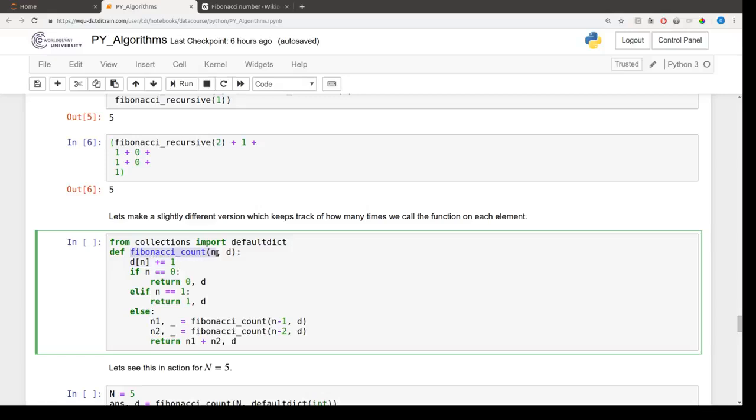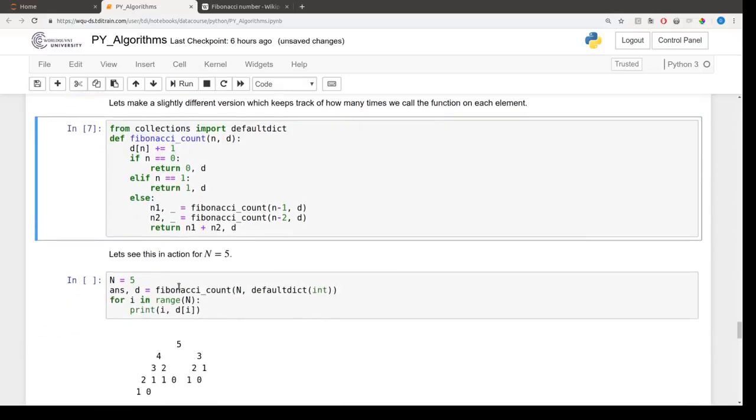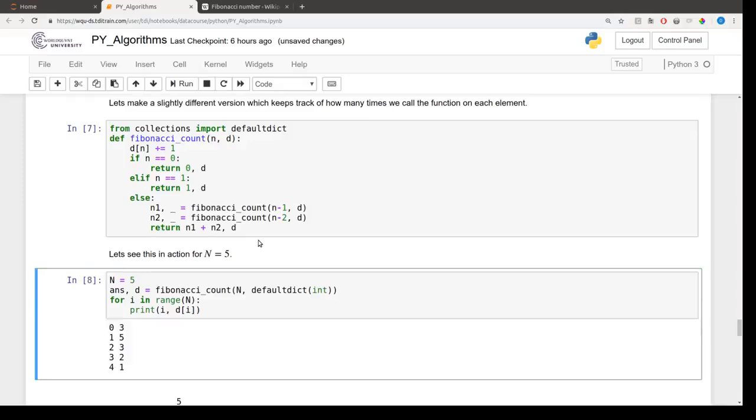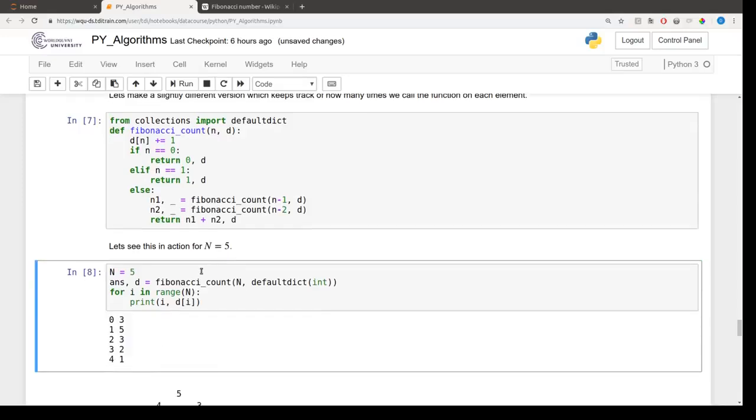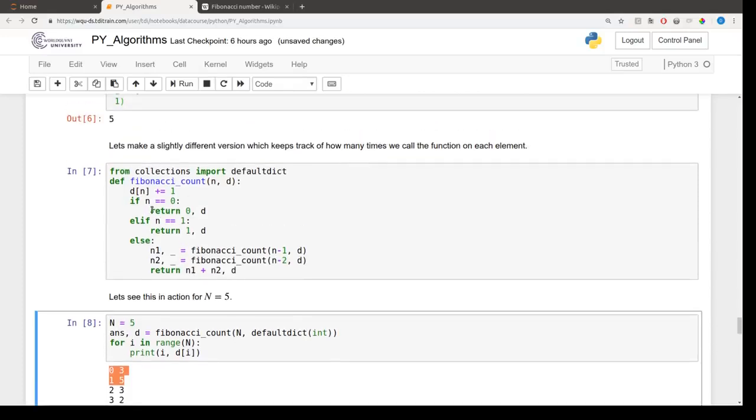So whenever Fibonacci count with some n gets called, we're going to increment the value in the dictionary at key n by 1. So if we run that Fibonacci count function, we see that to compute the 5th Fibonacci number, we computed the 4th Fibonacci number once, the 3rd one twice, the 2nd one 3 times, and then we made 5 and 3 calls to the 1st and 0th Fibonacci number, but there we don't actually need to calculate anything.